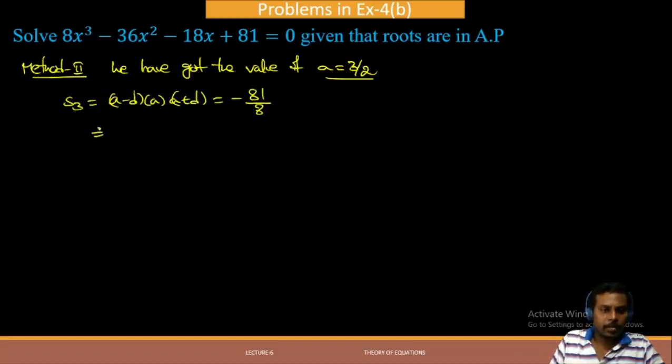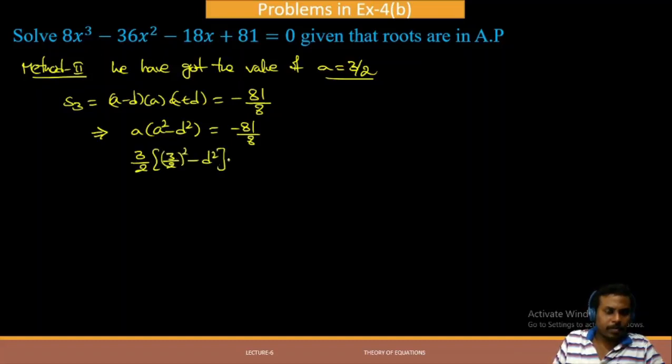Let me substitute. So this is a into a square minus d square is equal to minus 81 by 8. So this is 3 by 2 into 3 by 2 whole square minus d square is equal to minus 81 by 8. So this is 9 by 4 minus d square.